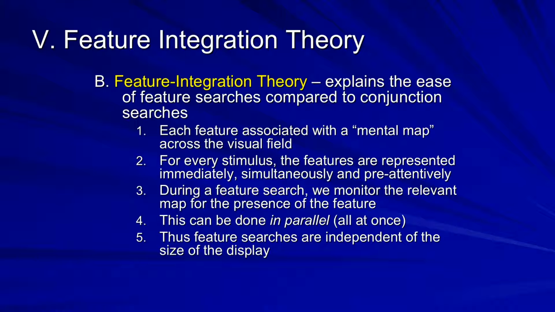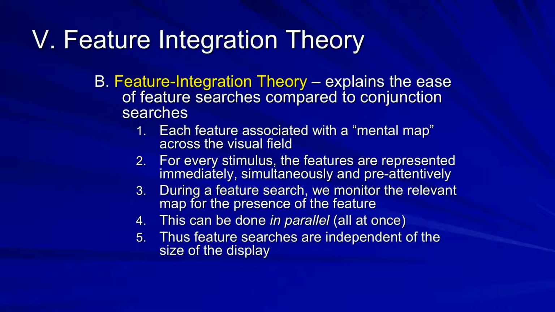Whatever feature it is we're looking for, each one of them has its own mental map. So during a feature search, we just monitor the relevant map for the presence of the feature. So that's why we can find it so quickly, because we can scan the entire visual scene all at once. And so this can be done in parallel. So we just look for the entire visual scene for that one feature we're looking for and find it instantly. So feature searches are independent of the size of the display.